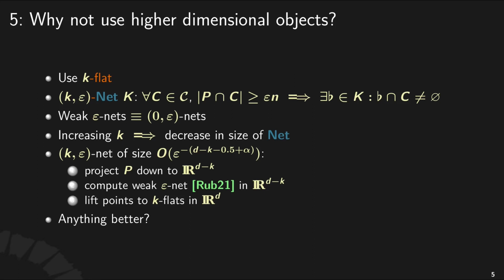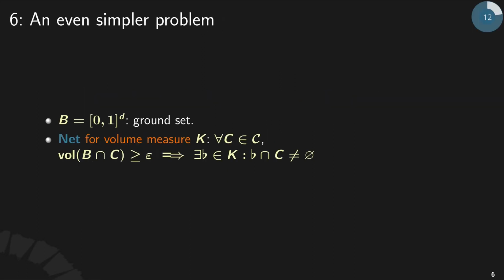In particular, an immediate construction follows by taking the point set in d dimensions, projecting it k dimensions lower, using the weak epsilon net construction in the projection, and then lifting it back. The reason being that every weak net point lifts into a k-flat. But can we do anything better? Again, that seems quite hard, so we decided to look at a much simpler problem.